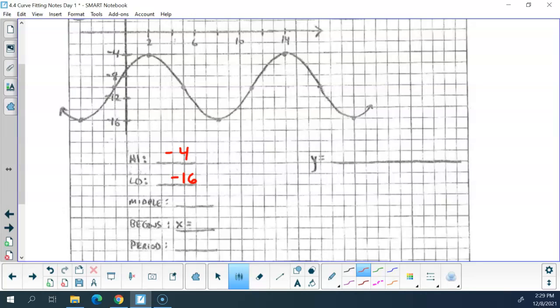Add them up, divide by 2. My middle is negative 10. So that right there, that's my D value. What's my amplitude then? 6. Okay.